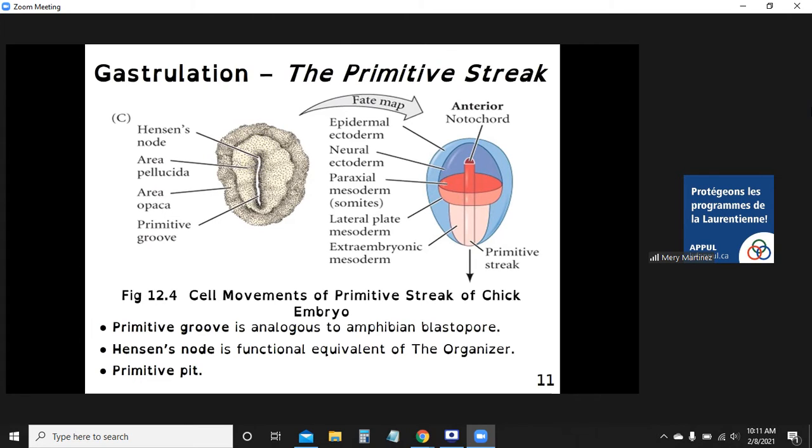And through that, cells are going to start passing into the blastocoel. Okay. So Hensen's node is the functional equivalent to the dorsal lip of the blastopore that we saw in amphibians, and it's also the equivalent to the embryonic shield that we saw in fish, which is the organizer.